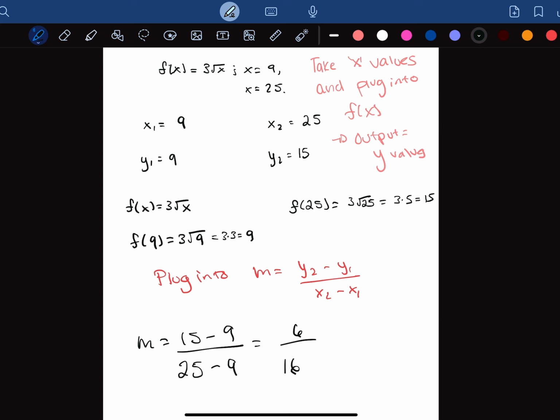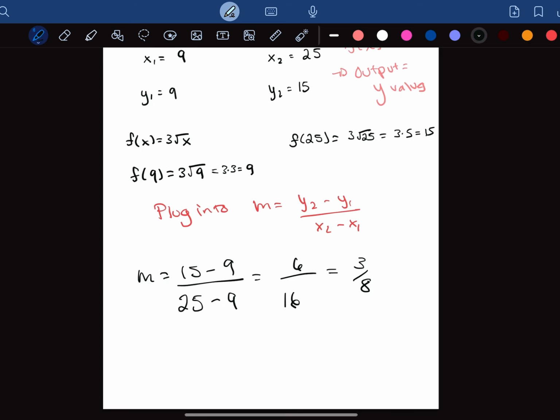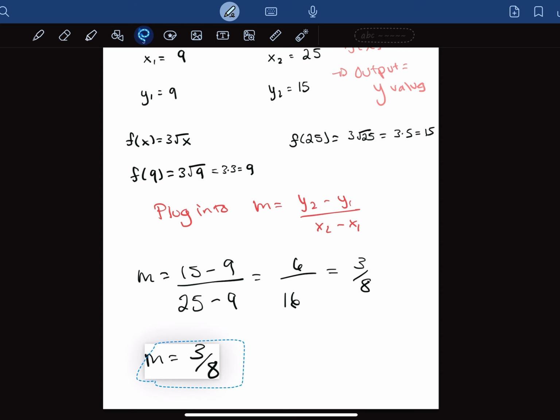So now if you take 6 divided by 16, we're going to get 3/8. So for this, your m is going to be equal to 3/8. And so now let's plug this into our point slope formula.